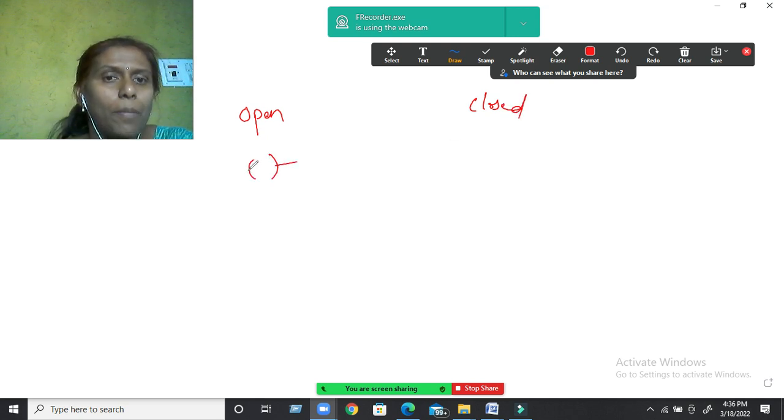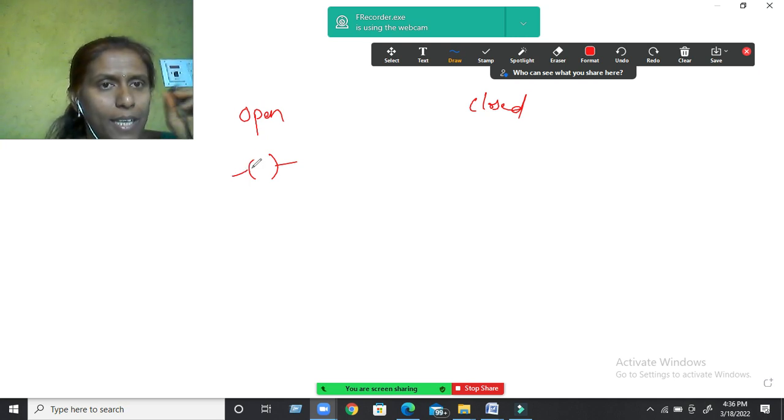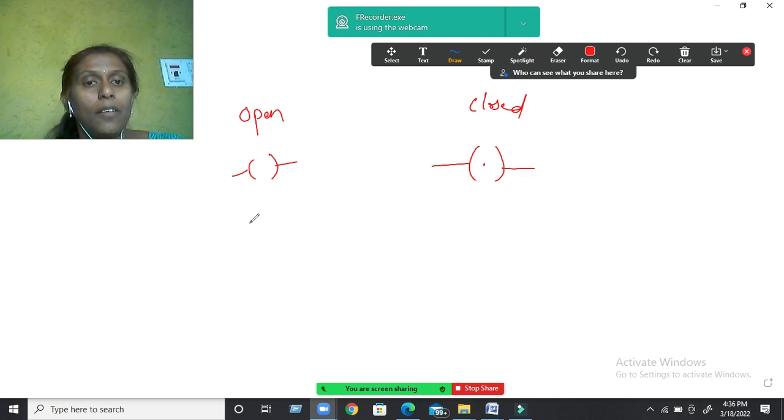It is a single pin switch. Let me take this as an example. If it is not put inside the socket, then it is open. When it is put inside, it is closed. Next, I have the tap switch. It looks like this when it is open. In the same way, when the circuit has to be closed, it has to get attached, so it looks like this.